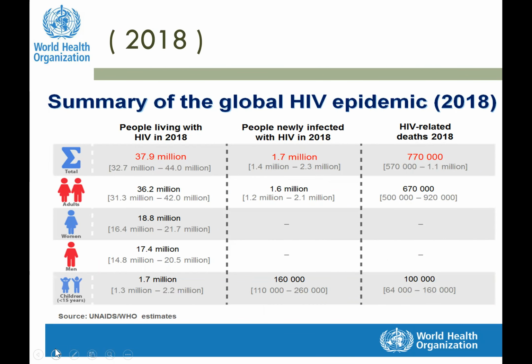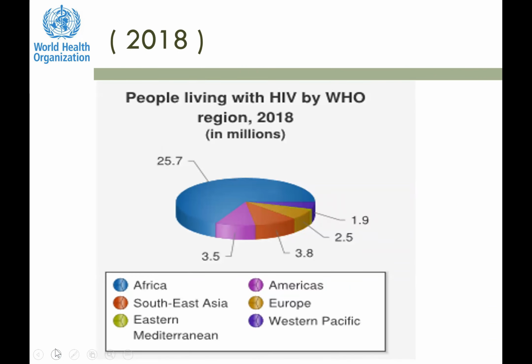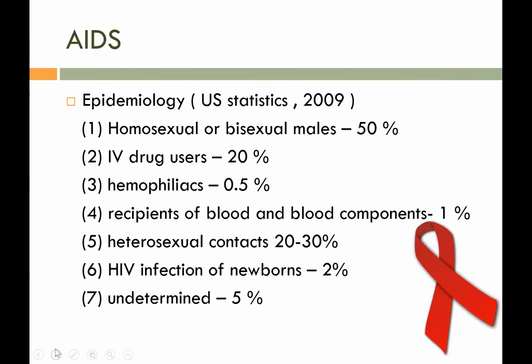He also took this from the WHO website, which gives you an idea of how it is globally. So these are some additional references for us to look into as we study HIV, or basically AIDS. As to population or by race, as you can see here, it is very common among Black Africans.